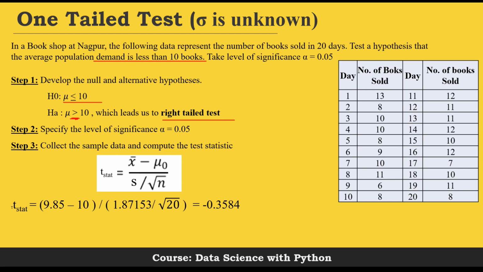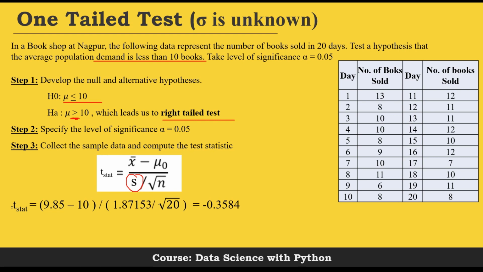The next step is to calculate the t statistic. Since sigma is unknown, you have to replace sigma by s in the formula of the z statistic. That is, the population standard deviation is replaced by the sample standard deviation. So you can calculate the value of the t statistic.